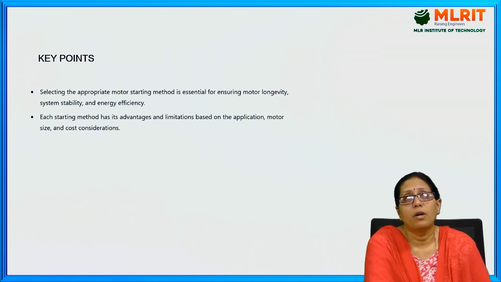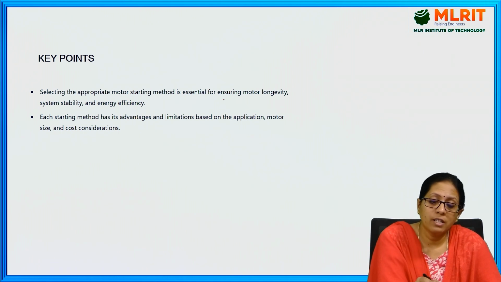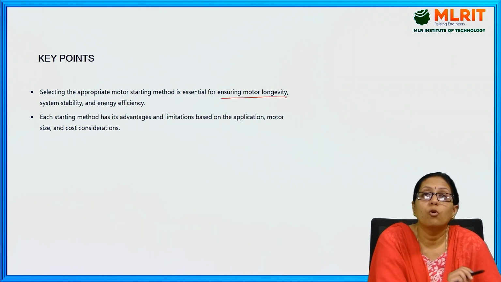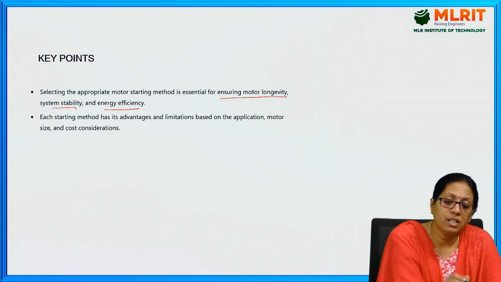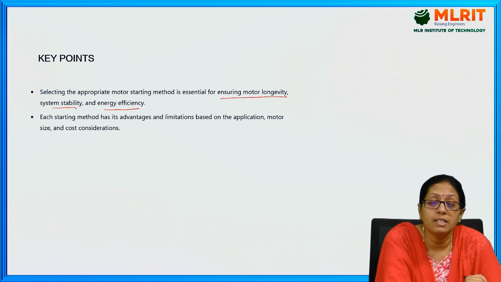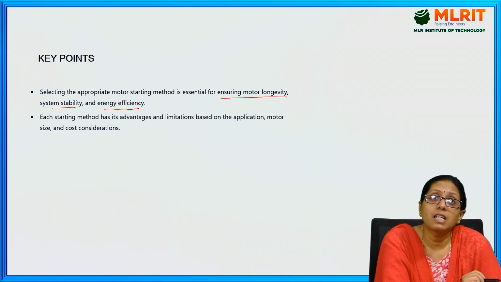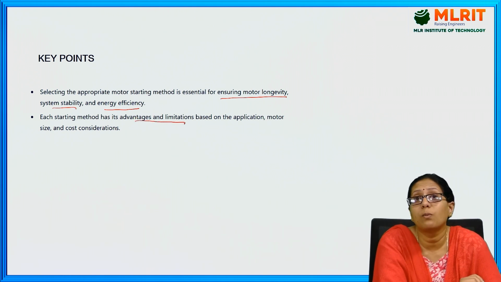Next, key points. For selecting the appropriate motor starting method, it is essential that we ensure motor longevity, system stability and energy efficiency. All these things should be considered for selecting a motor, and each starting method has its own advantages as well as disadvantages.